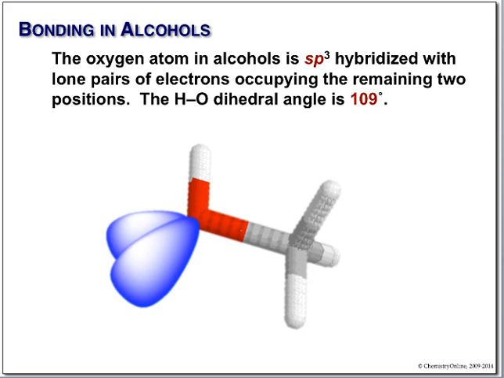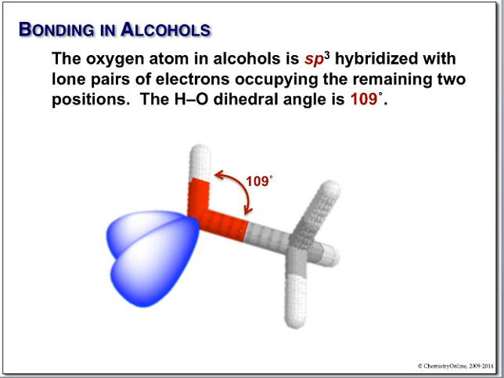The chemistry of an alcohol is basically going to be concerned with these electrons. They can function as electron donors, that is Lewis bases.